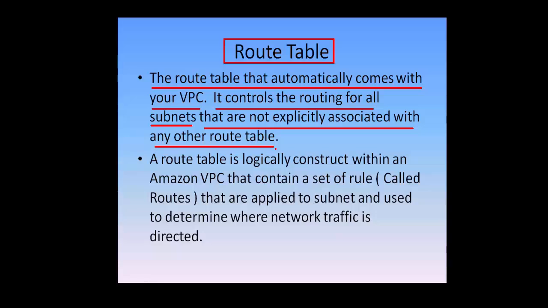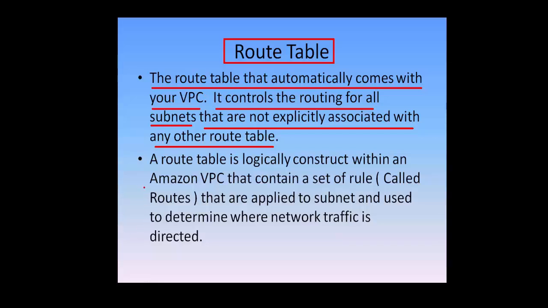We will discuss a lot of theory here. So just consider that one routing table automatically gets created when you configure the VPC. In the next session, when we do the practical demonstration, everything will be in front of you.